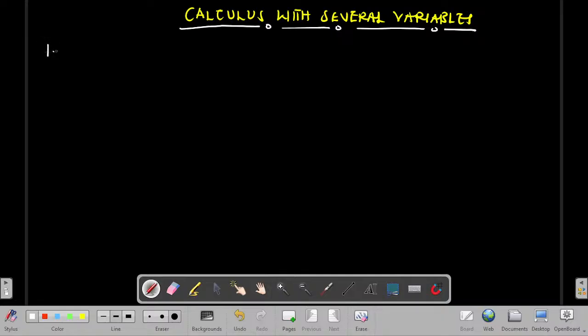Here we are going to do a partial derivatives problem, a subtopic in calculus with several variables. So I have a problem here. w is equal to cosine of x squared plus 2y, minus e to the power 4x, minus e to the power 4y, plus y cubed.